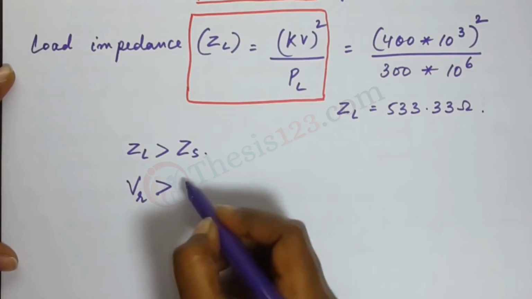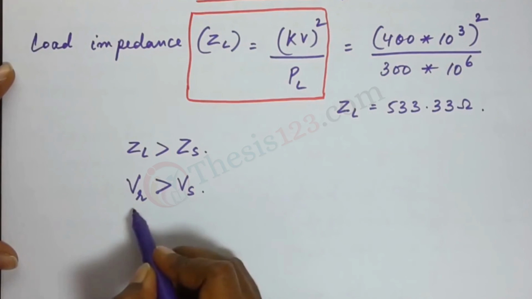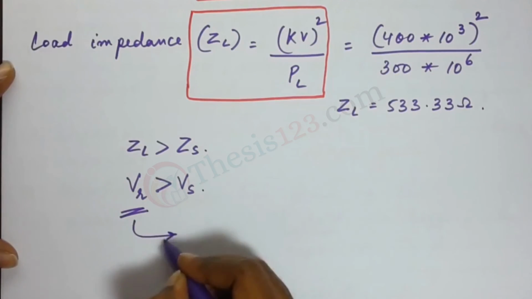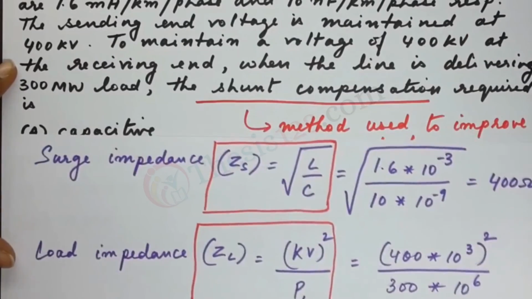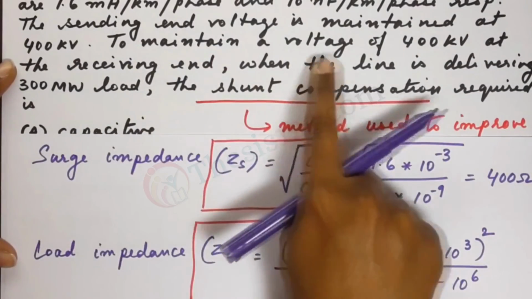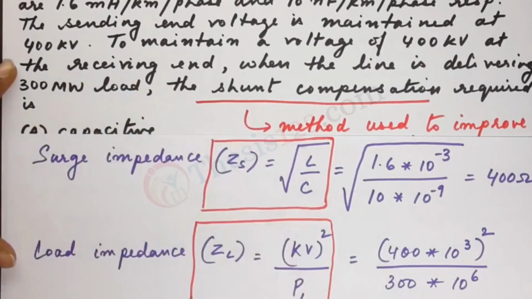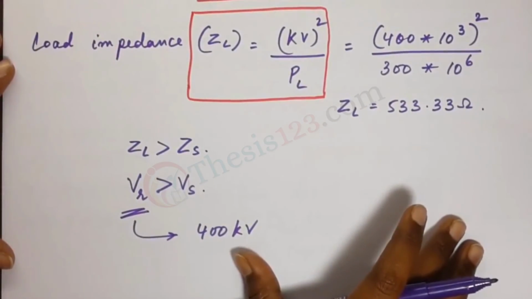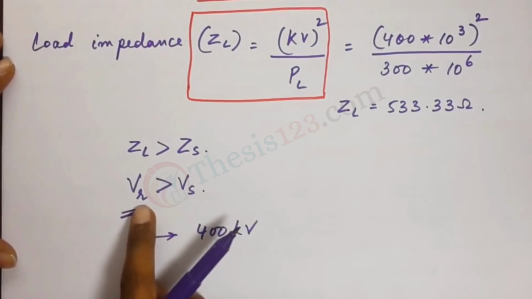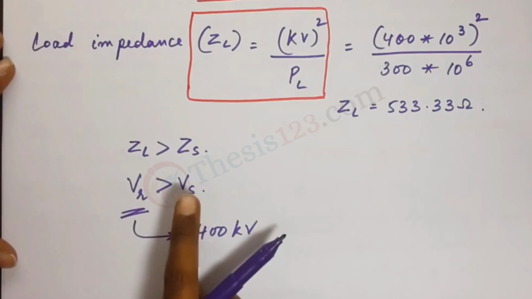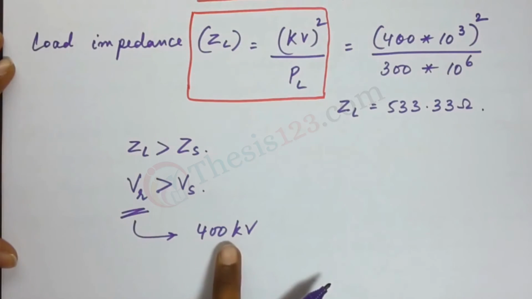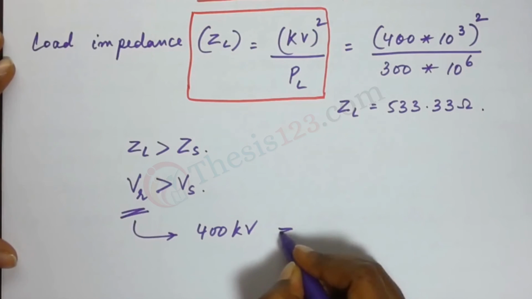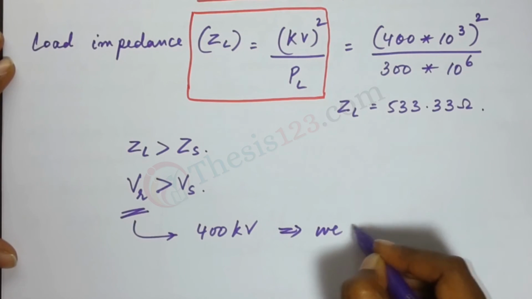So VR is greater than Vs. In order to reduce this voltage and keep it at a level of 400 kilovolts, which is what has been asked, to maintain a voltage of 400 kilovolts at the receiving end, we need an inductive compensation.